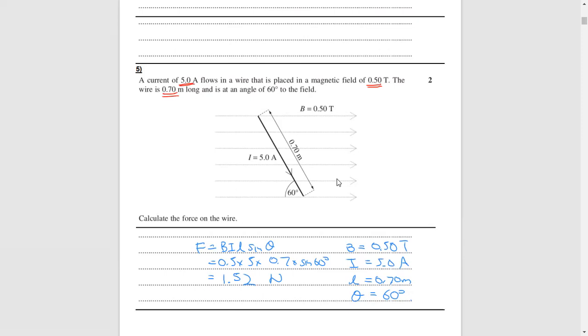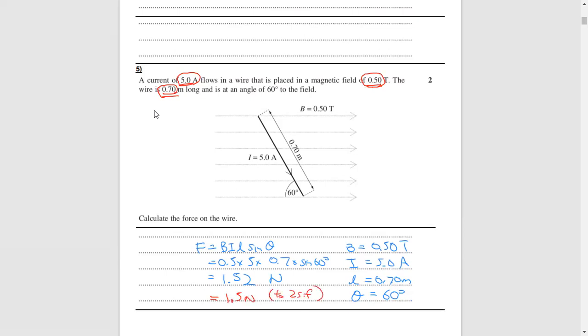So in the exam, you're often going to have marks taken off for significant figures at some point. It won't be in every question, but it will be in one question. That question is normally pretty easy to see in the exam because they'll give you everything in the same number of significant figures. And here, all of them are 2 significant figures. So you should then adjust for that and say that's 1.5 newtons to 2 significant figures.